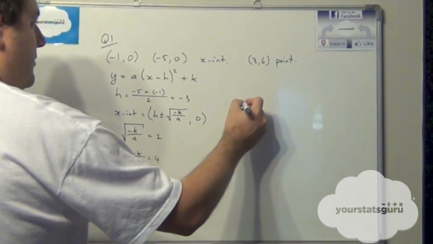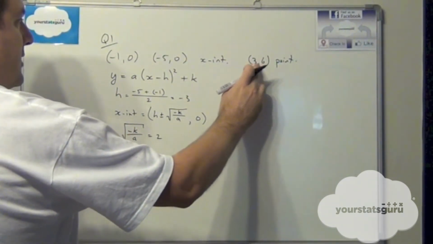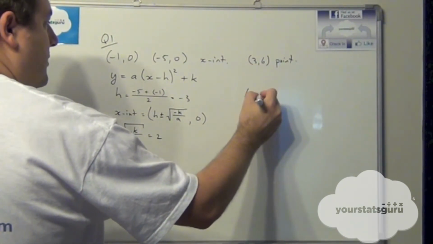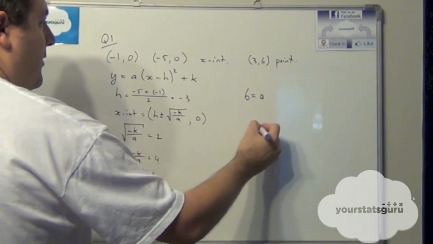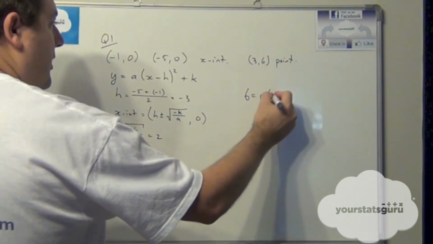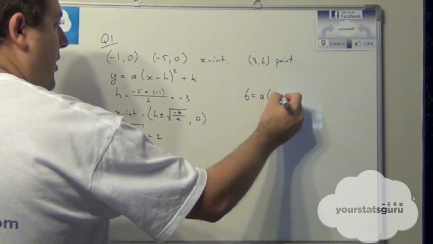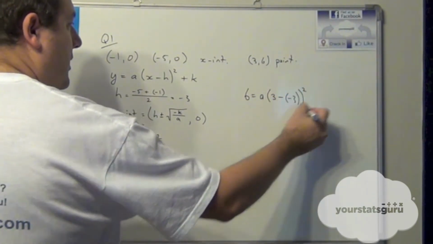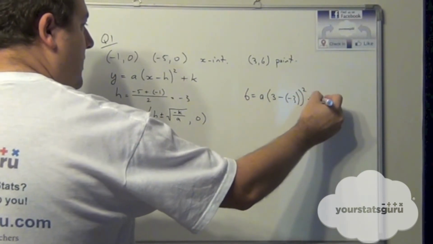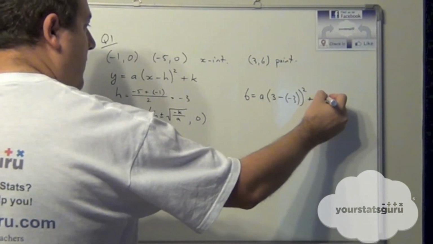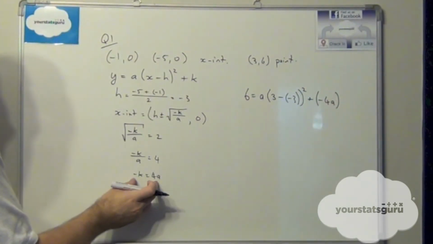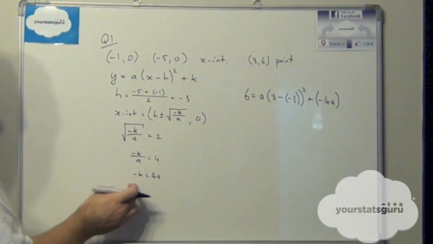Using the general equation, we know that when x equals 3, y equals 6, so we have 6 is equal to the unknown value a outside of (3 minus -3) squared plus -4a. And that -4a comes from rearranging this to bring what exactly the value of k is.